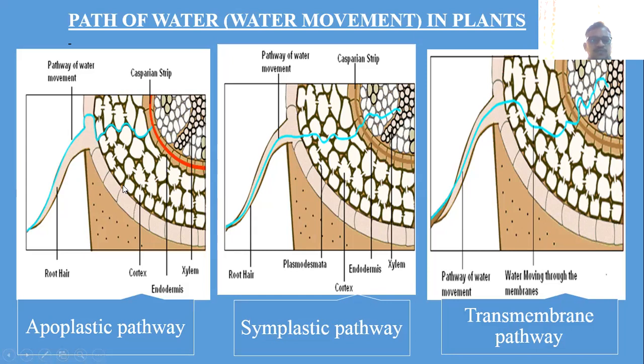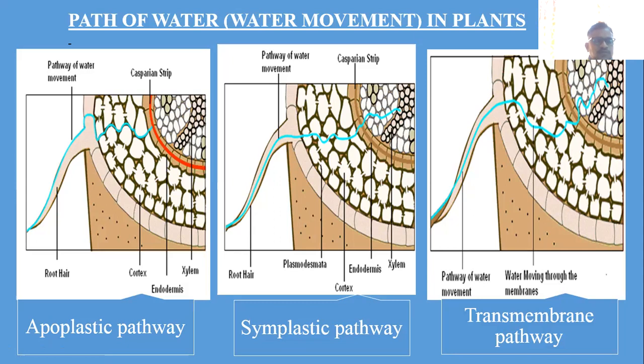In the apoplastic pathway, water never enters a cell. These are the cells, but water is always going through the cell wall without crossing any membrane. Water never moves into the cell. It only goes through the cell wall of the cell, and this is the apoplastic pathway.